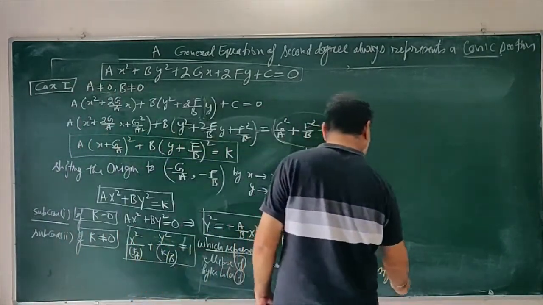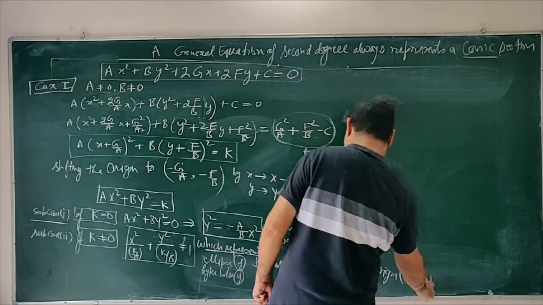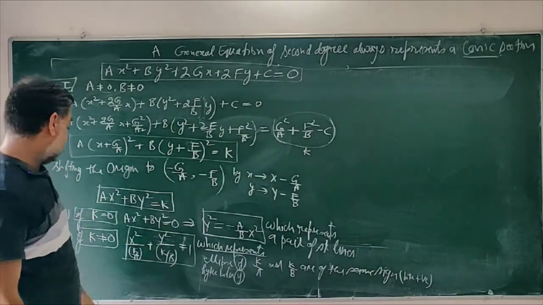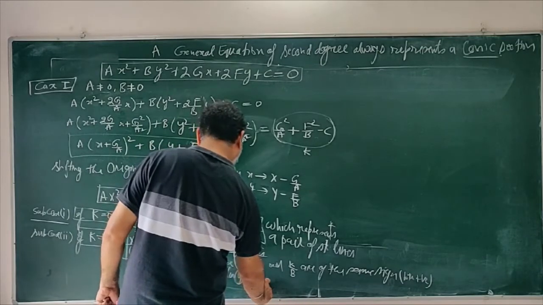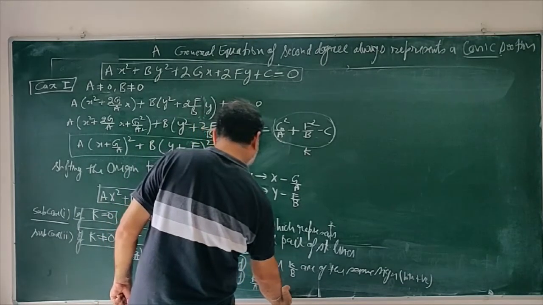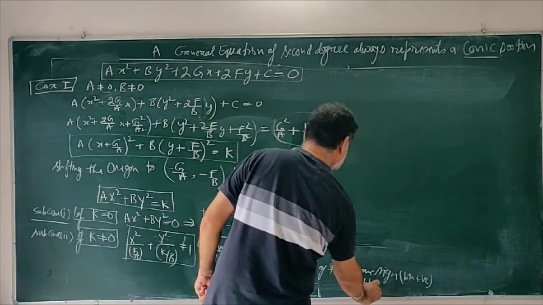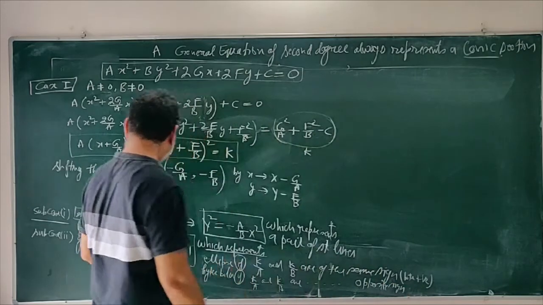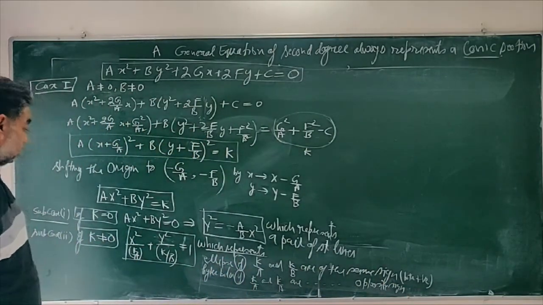If they are of the same sign and both are positive, then it represents an ellipse. And if k over a and k over b are of opposite sign, one positive and one negative, then this equation represents a hyperbola.